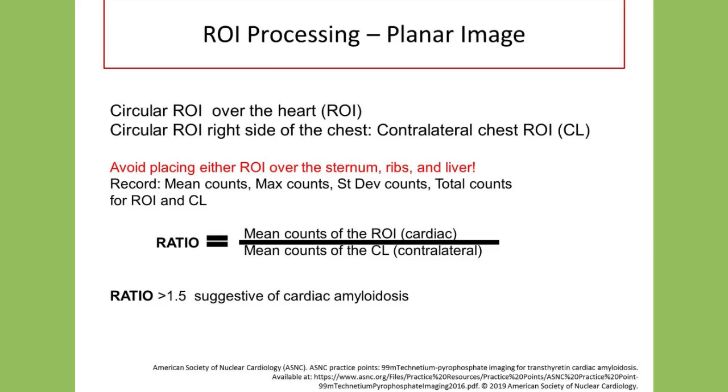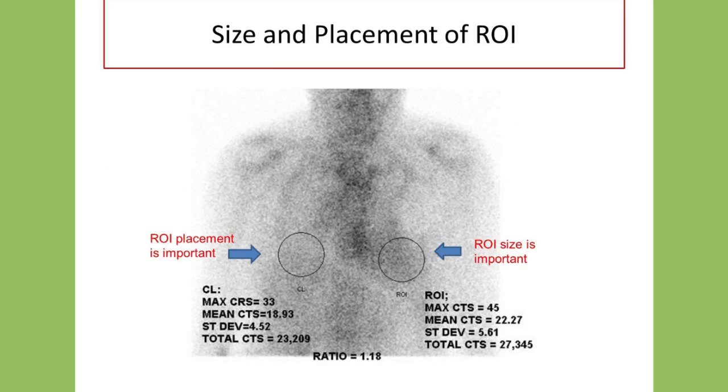So essentially, to do the region of interest, you take the mean region of interest from the heart and divide it by the mean contralateral, and this will give you your suggested ratio of cardiac amyloid. Ratios of greater than 1.5 are considered suggestive of cardiac amyloidosis. As I said, size and placement of the region of interest become very important. If we look at where the region of interest is placed here, it looks like it's down in the overlapping liver tissue, and this is giving us a ratio of 1.18.